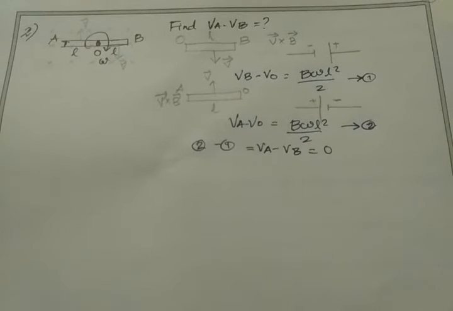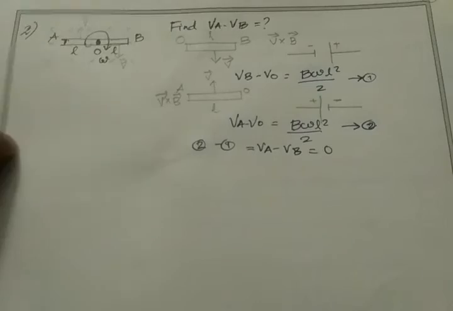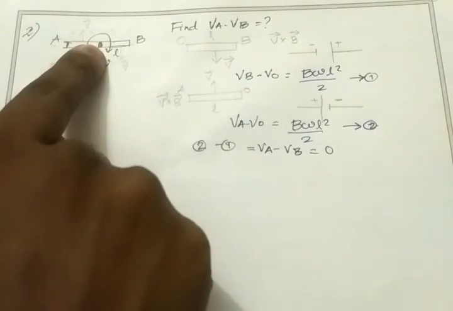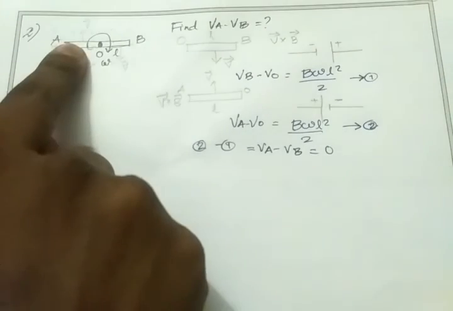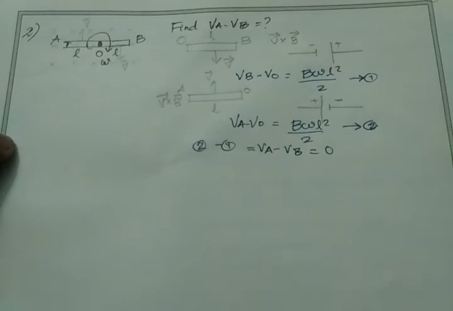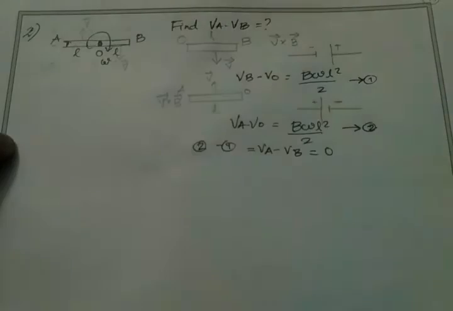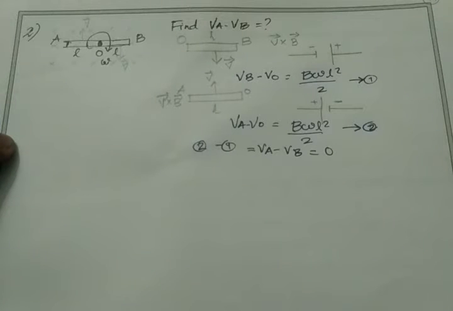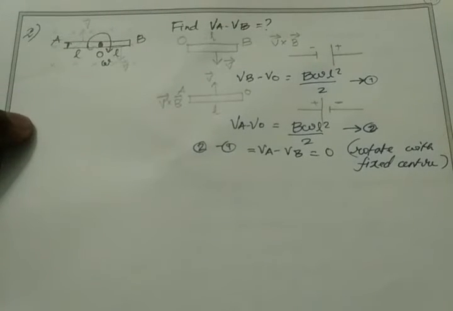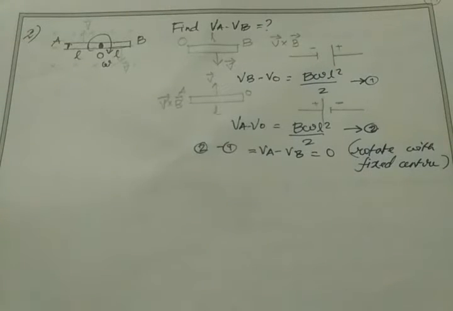So when the rod rotates with a fixed center end and is divided into 2 parts, then our EMF, potential difference will be equal to 0. So here I have some potential, here I have the same potential, and the difference between these two is 0, right? So when the rod rotates with fixed center, then the value will become 0.